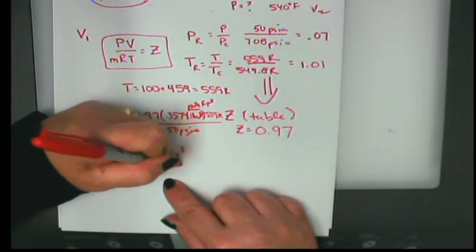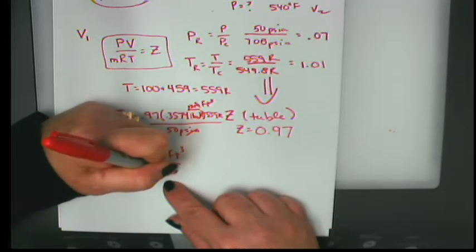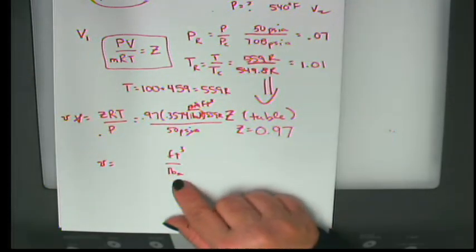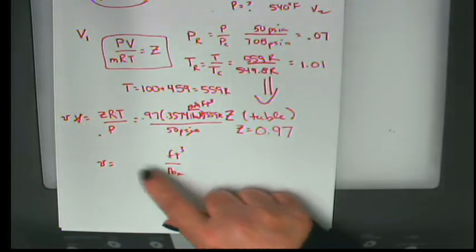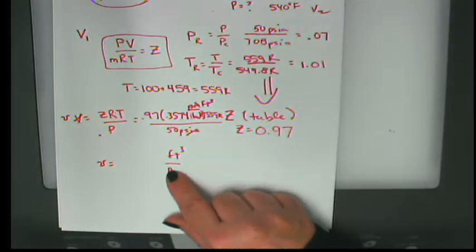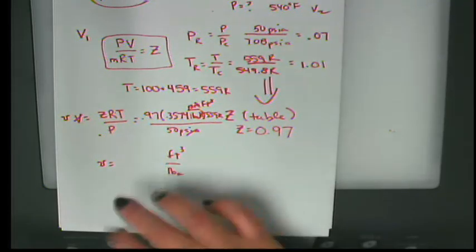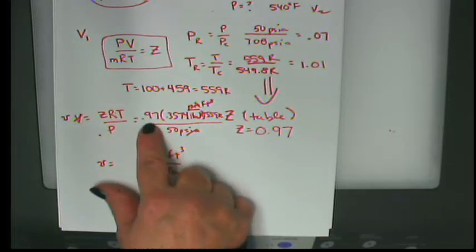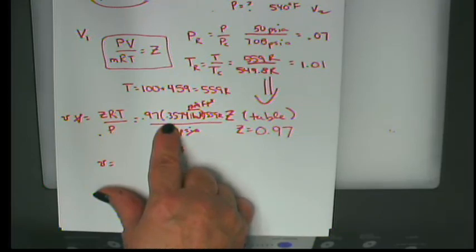I'm left with cubic feet per pound mass, which is a good unit for little v. If I have the pounds of mass or the amount of the substance, I could calculate an extensive value of volume, but I have to stick with intensive volume or specific volume because I don't have the mass given in that problem.